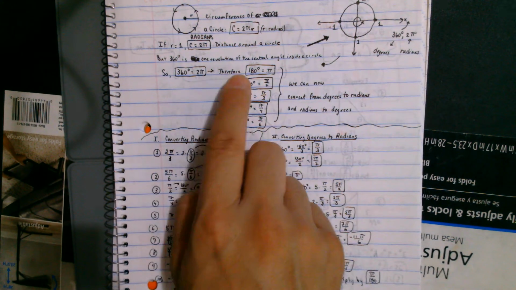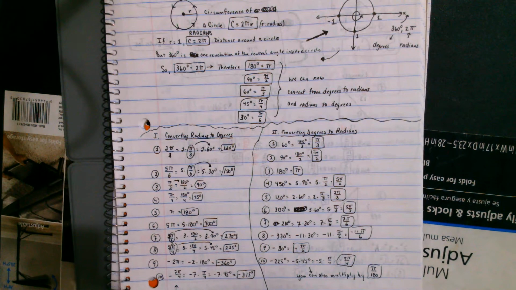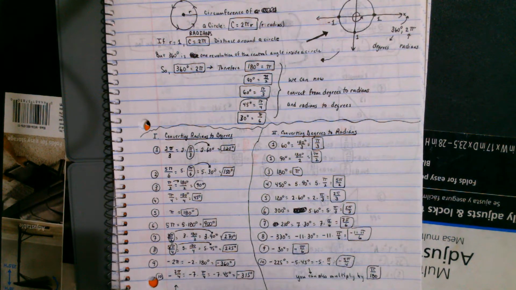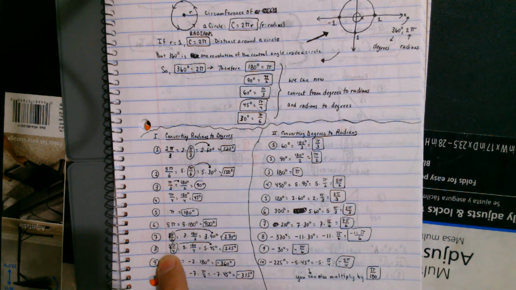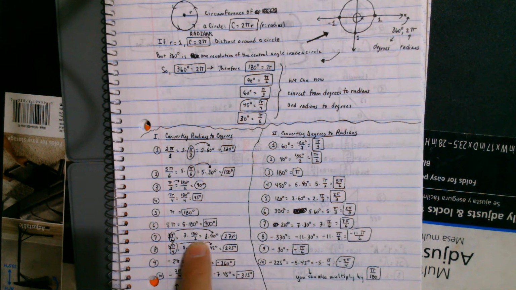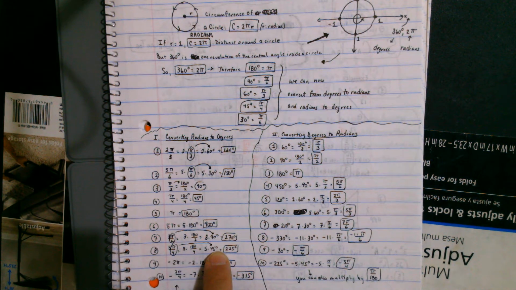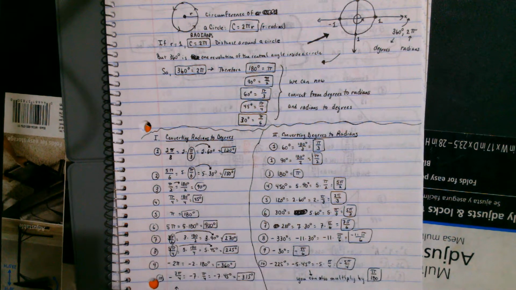Pi itself is 180. 5 pi then will be 5 times 180, and so on, essentially. So 3 pi over 2: pi over 2 is 90, 3 times that is 270. 5 pi over 4: pi over 4 is 45, so 5 pi over 4 is 225.